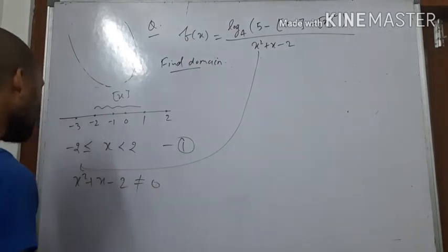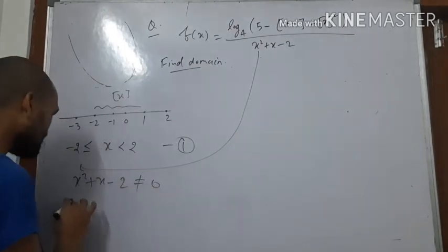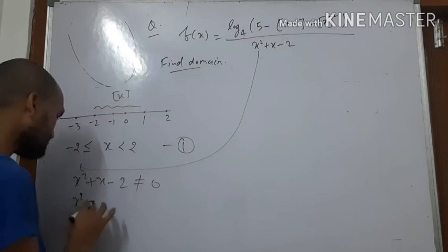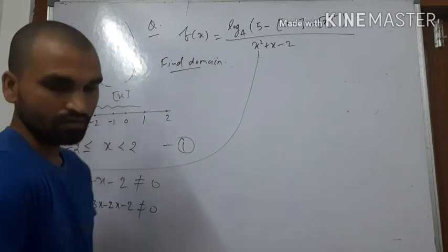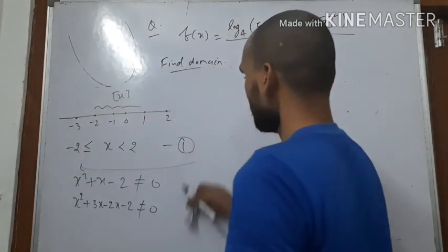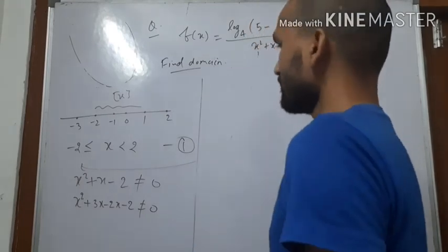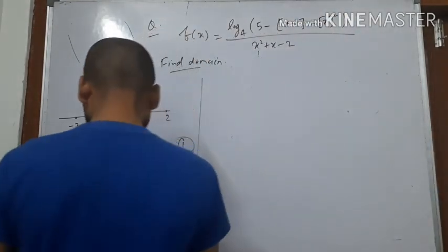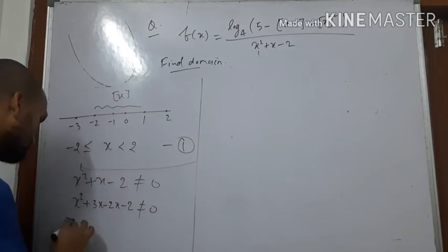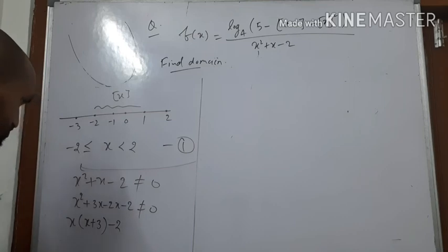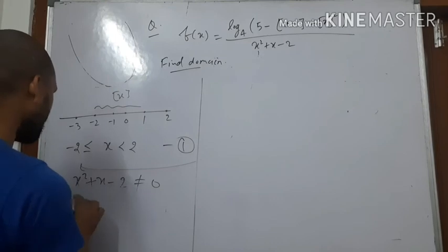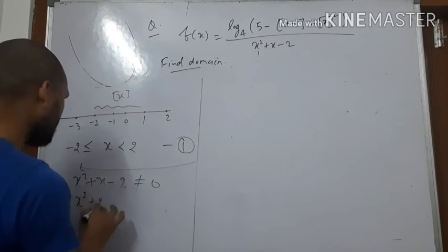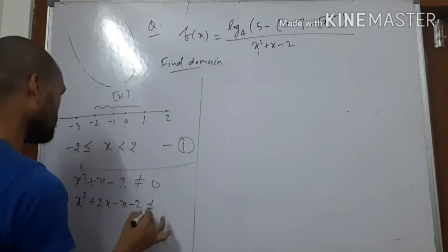So after factorization, x square plus 2x minus x minus 2 is not equal to 0.